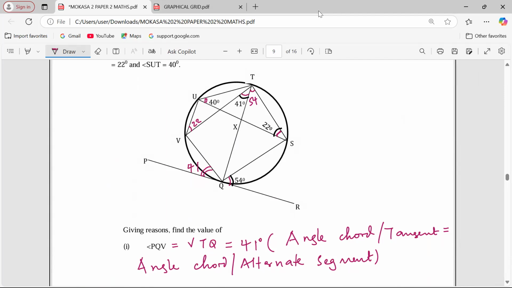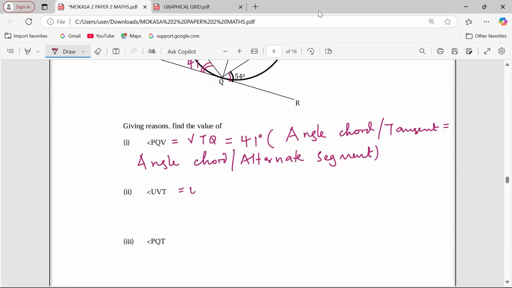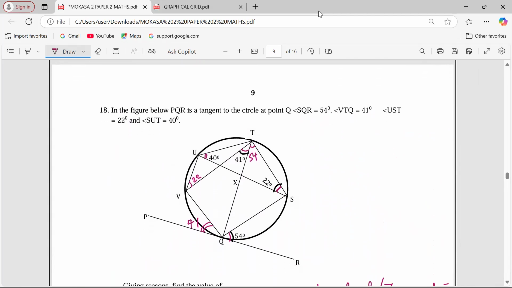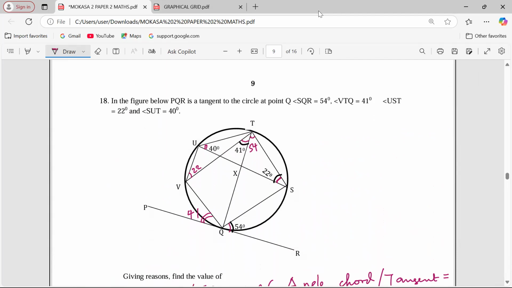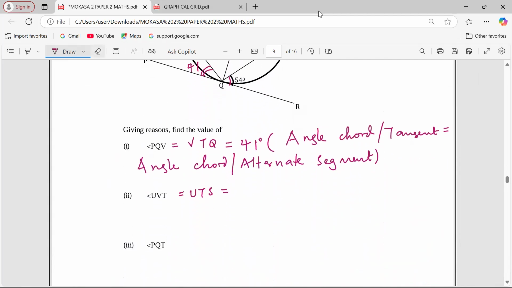Therefore, the angle UST should be equal to 22.